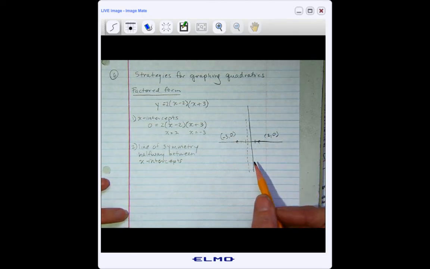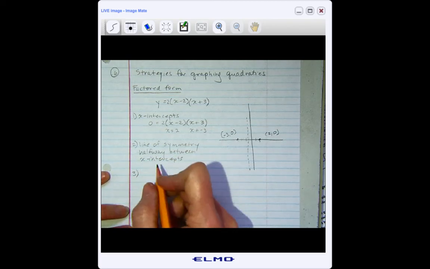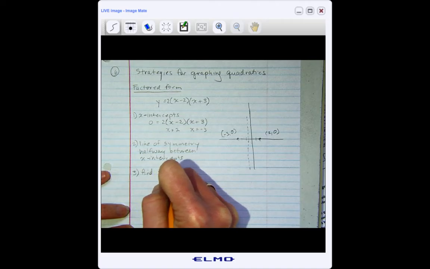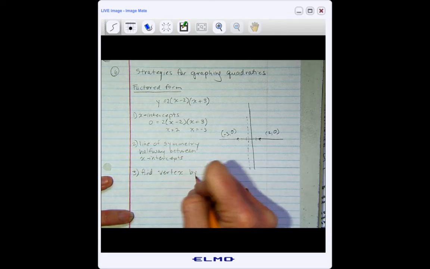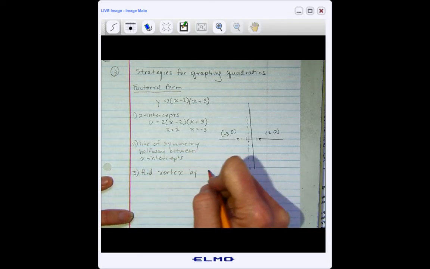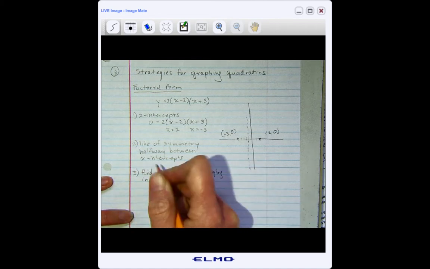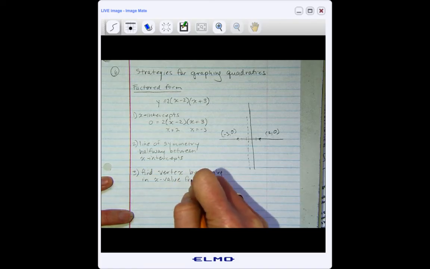Okay, so then after I have my line of symmetry, I'm going to find the vertex. And I know my vertex is going to be on my line of symmetry. So to find the vertex, I'm plugging in the x value from my line of symmetry.